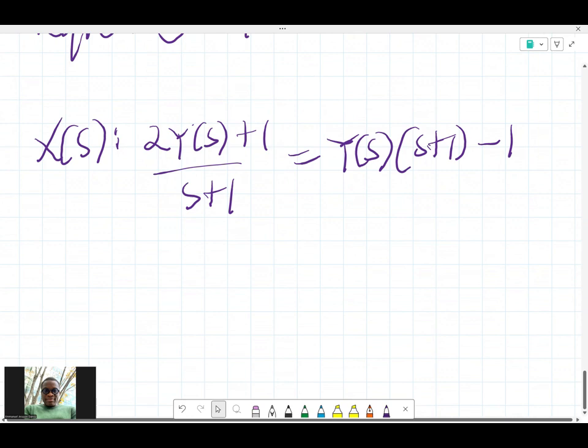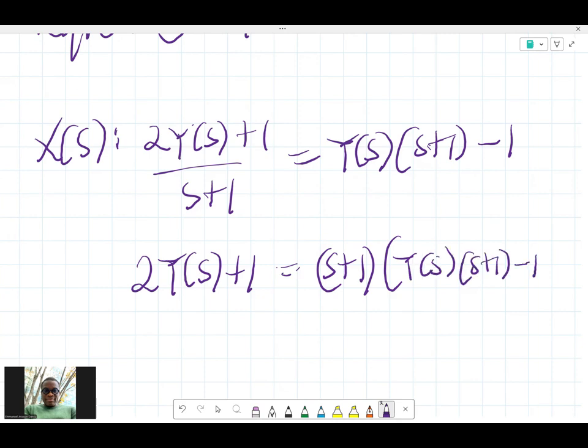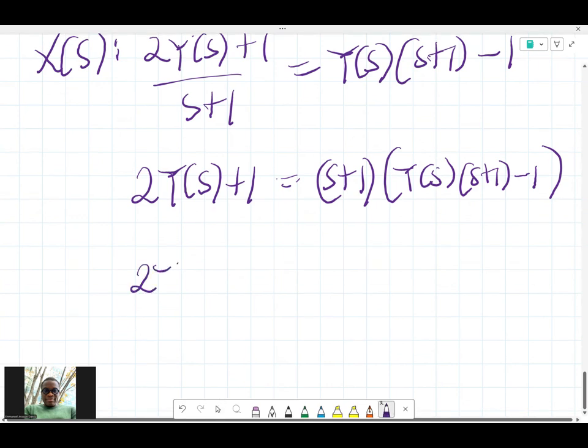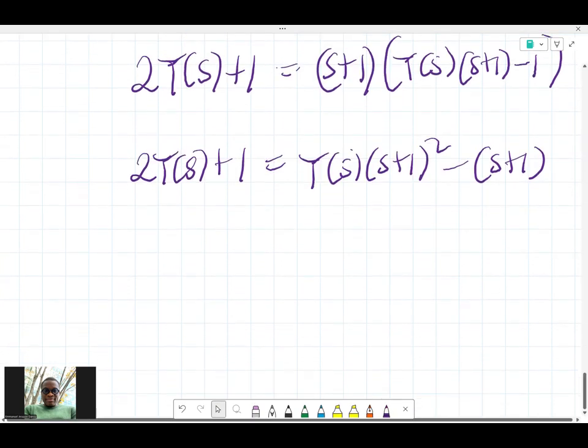Let me see, what's the easiest way to handle this? We have 2(Y(s) + 1) = (s + 1)(Y(s)(s + 1) - 1). So if we do that, that's 2Y(s) + 1 = Y(s)(s + 1)^2 - (s + 1). We are looking for Y(s), so I think it's getting tidier now.